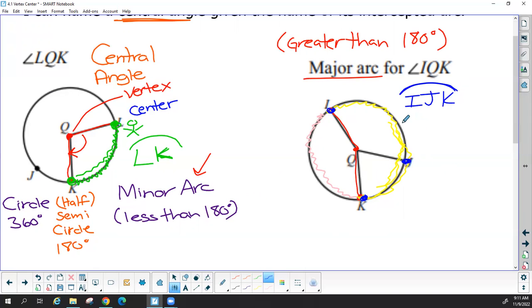And so this tells us our journey. We could go the opposite way. We could start at K and go towards J and end at I. In both cases, it tells us the beginning and end of the arc, and it tells us which direction to go. That middle letter tells us which direction we need to go.